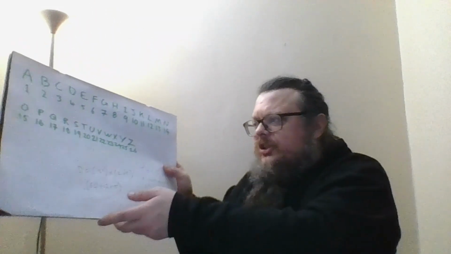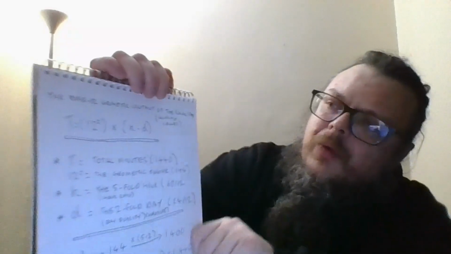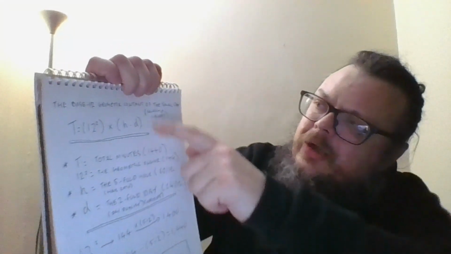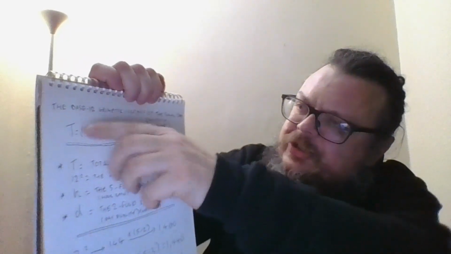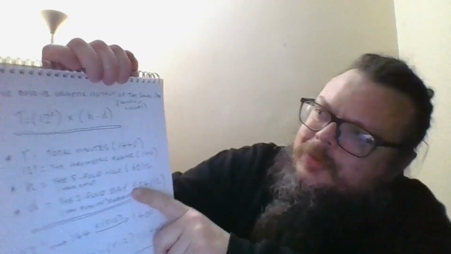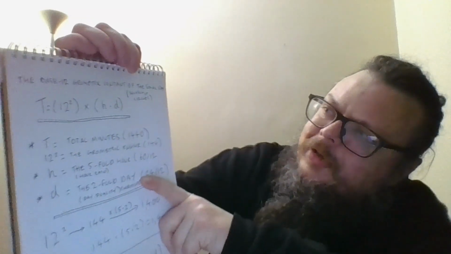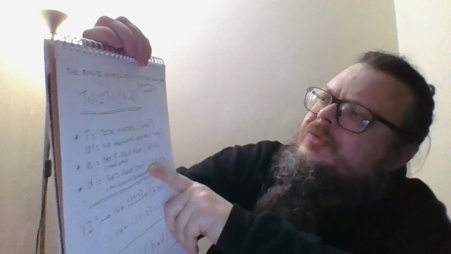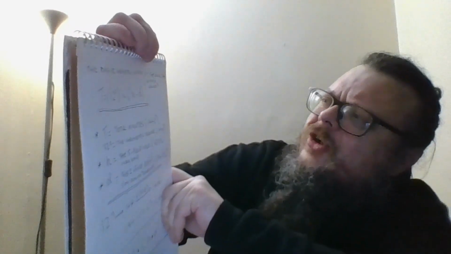Basically, I'll take you to the next set of notes from here, the first set I flashed here. It's not really relevant what's written on the top, but for the record, it says the base 12 geometric constant. I think I meant to write constant of the solar day.